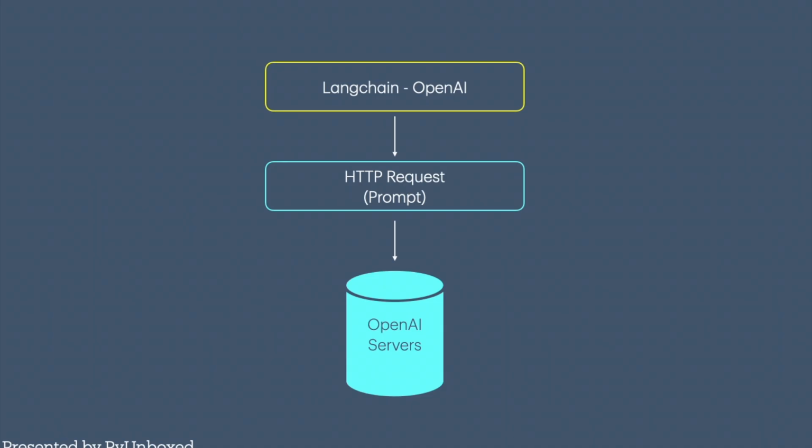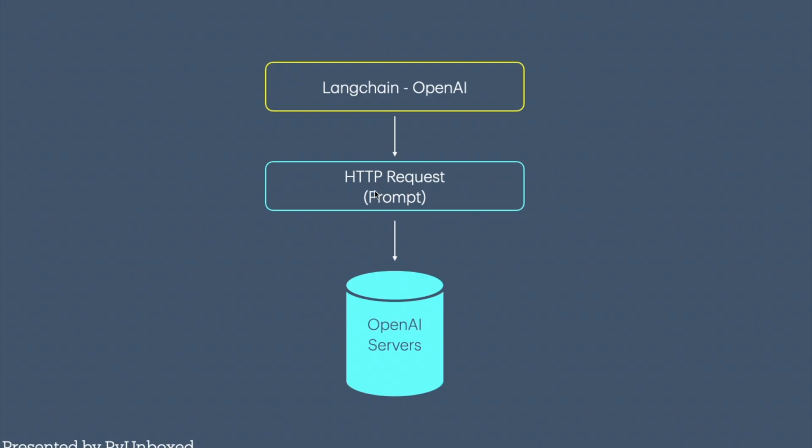But for now, how this LangChain OpenAI module works is it makes a HTTP request to OpenAI servers, which has these models running, maybe GPT-4o or 4K, any of them, and these servers take our query or the prompt which we have given.